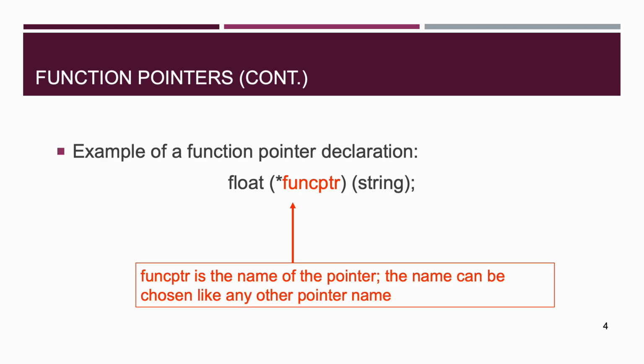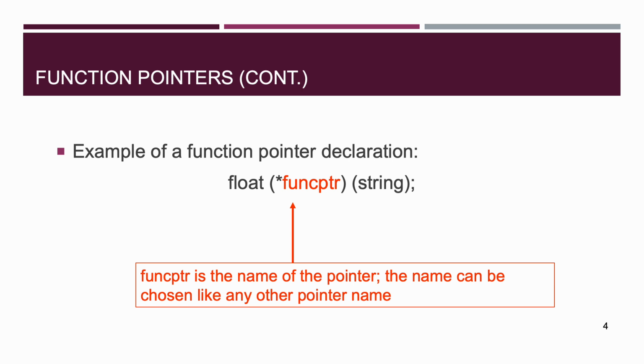Okay, now here we are continuing our discussion on function pointers, and in this example we are using the same example where the parentheses around star function pointer are necessary. They define function pointer as a pointer to a function rather than as a function returning a pointer.